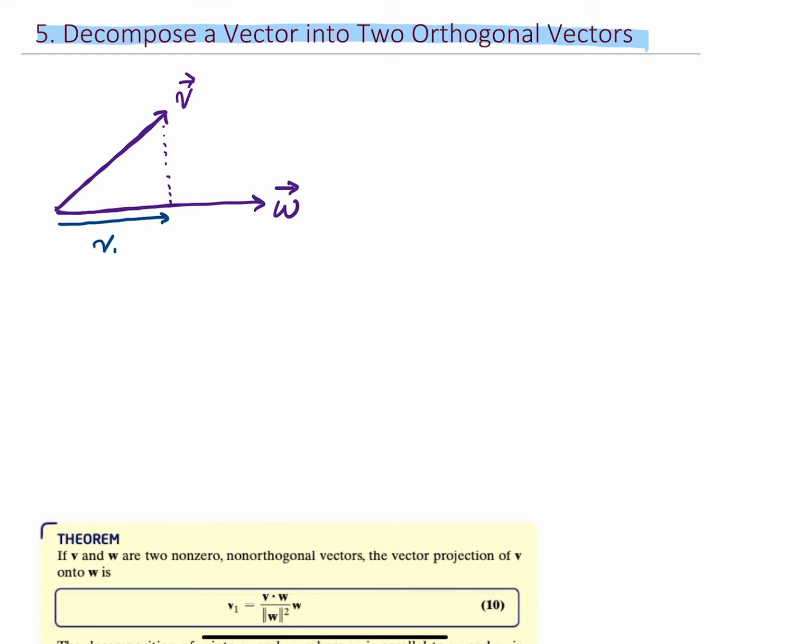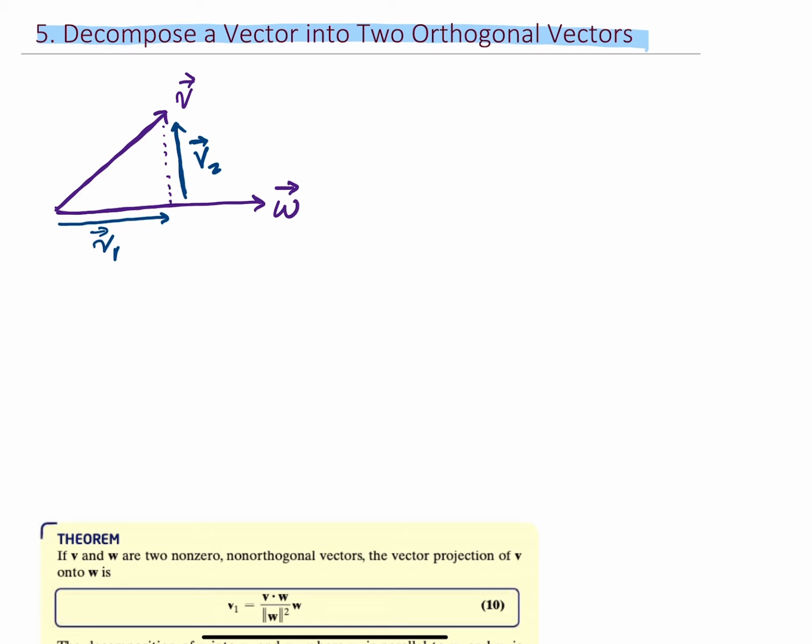We can call this v1. It's parallel to w, and we'll call this v2. This is another vector that is perpendicular to the vector w.